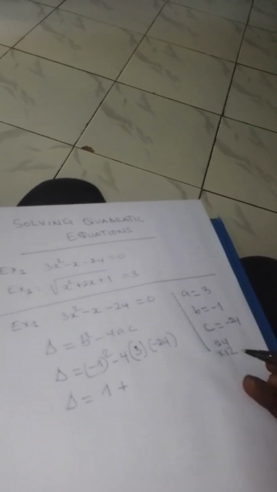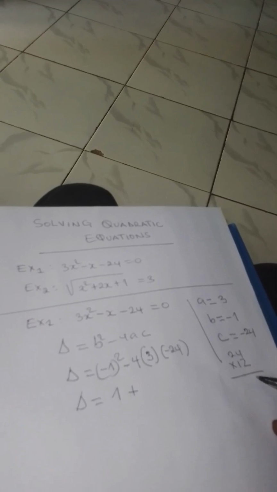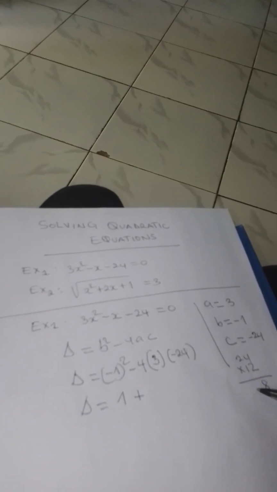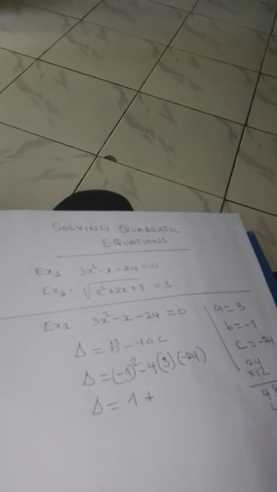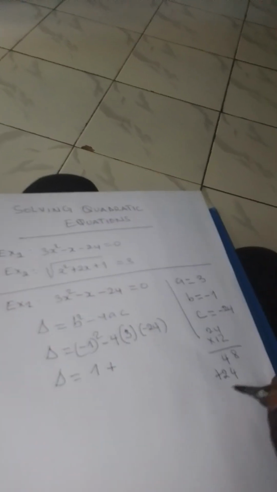Now we can multiply 24 by 12. 2 times 4 is equal to 8. 2 times 2 is equal to 4. Then 1 times 4 is equal to 4. 1 times 2 is equal to 2. We add. We bring down 8.